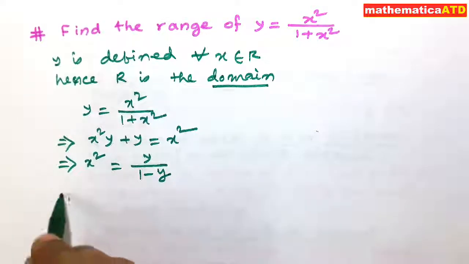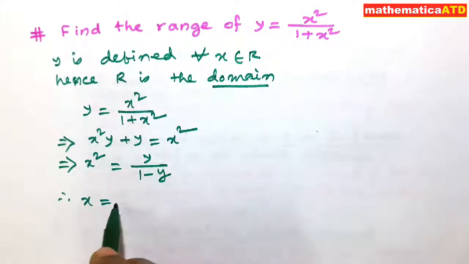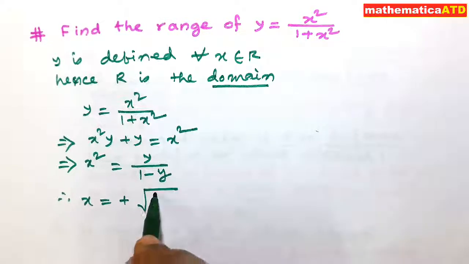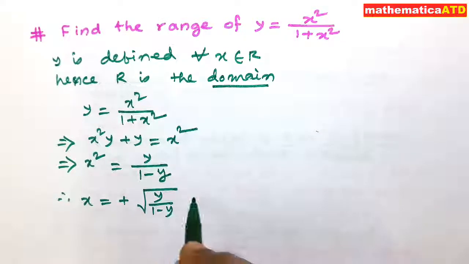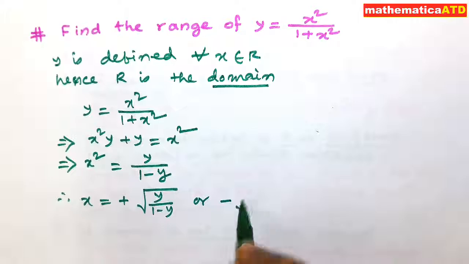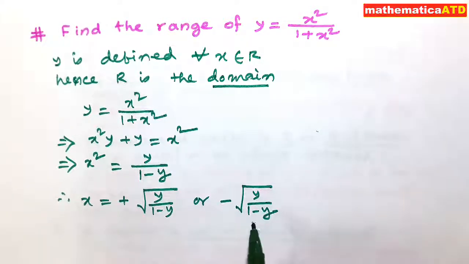That means x is equal to either positive root of y by 1 minus y, or negative root of y divided by 1 minus y. In either case, for x to be defined, it is obvious that y divided by 1 minus y should be greater than or equal to 0.